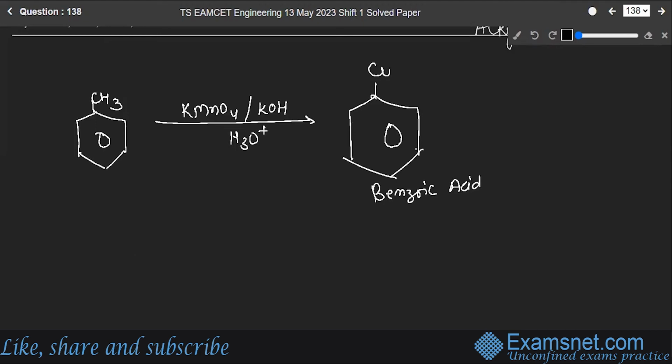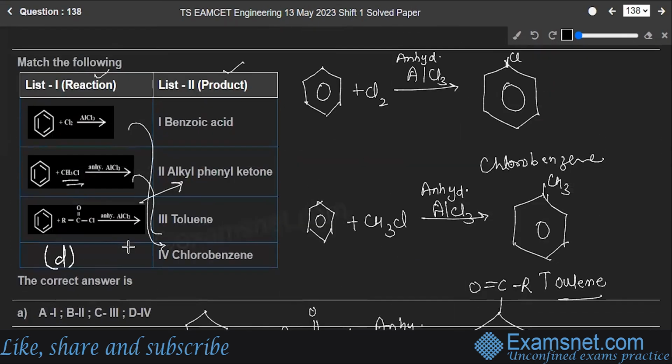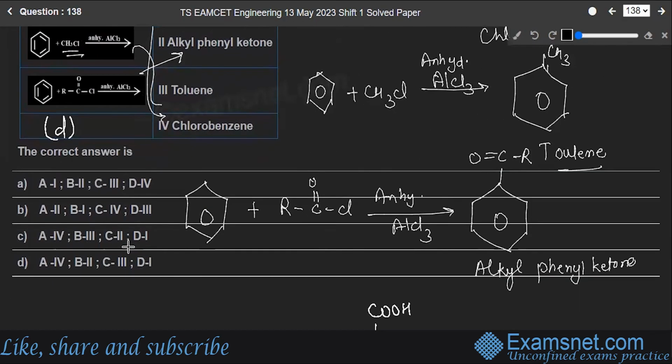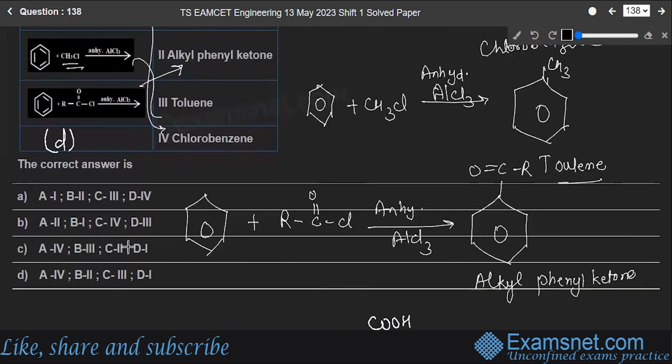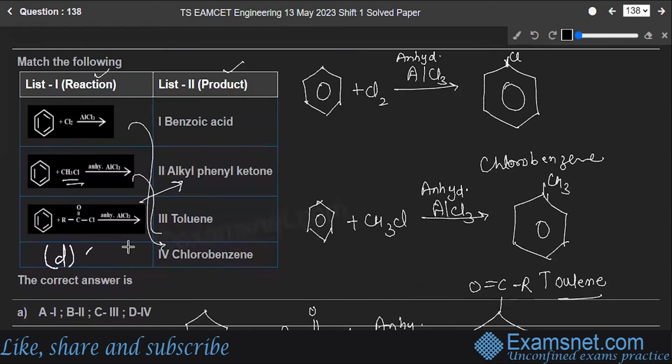All right. So this matches with the first. So A matches with the fourth, B matches with the third, C with 2, and D with the first one.